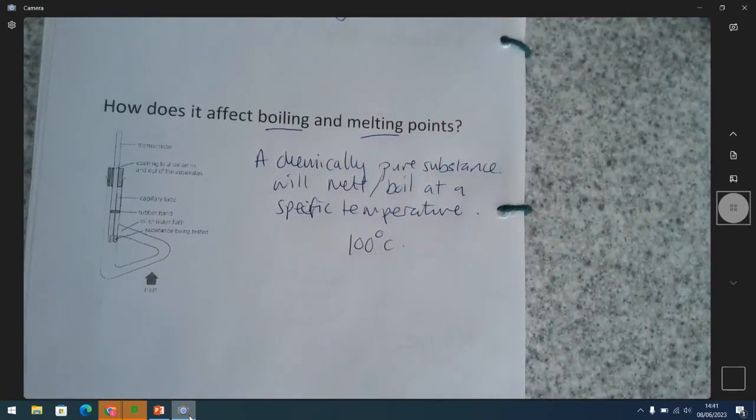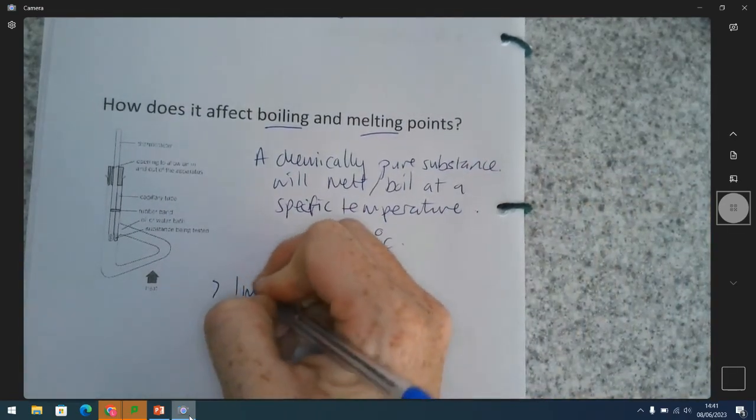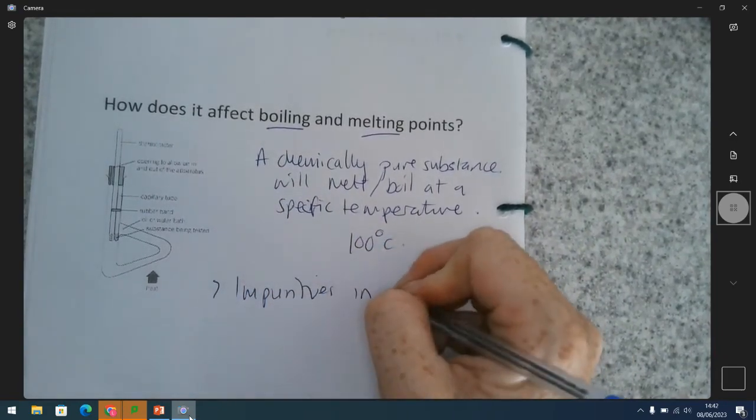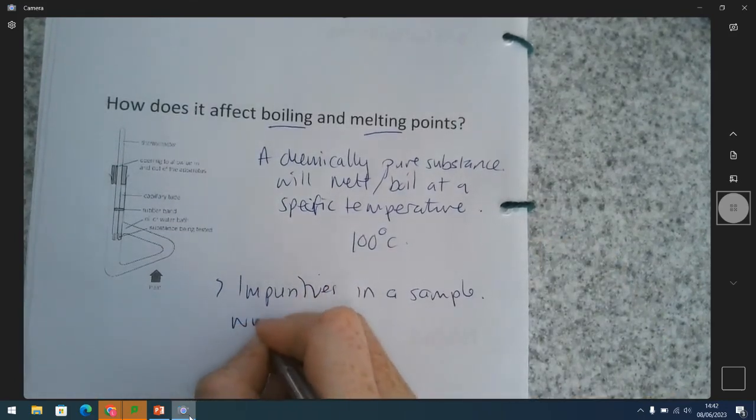And if we add impurities to that, so more than one type of compound or element, so the substance becomes impure, then that does in fact affect the melting point and boiling point. So impurities in a sample, for example, hey, that rhymes, will lower the melting point.